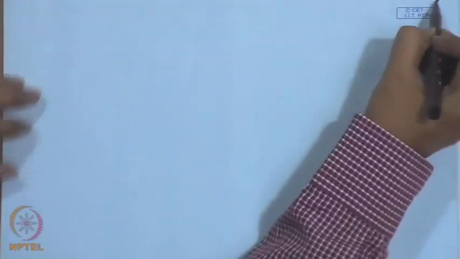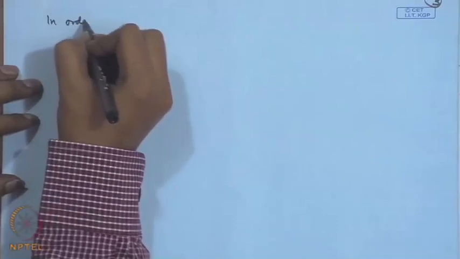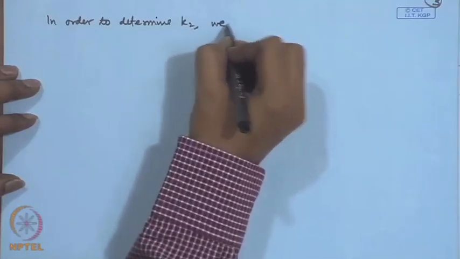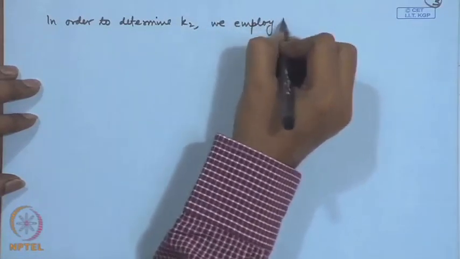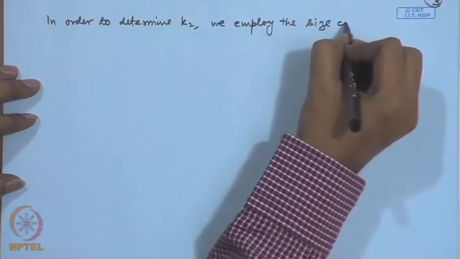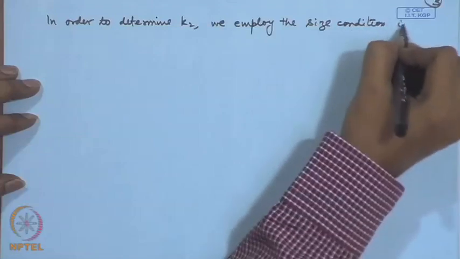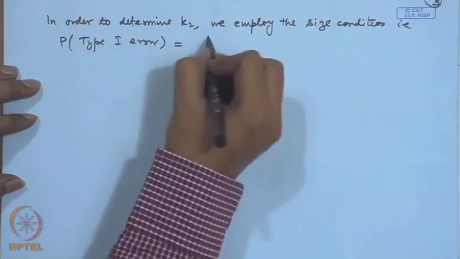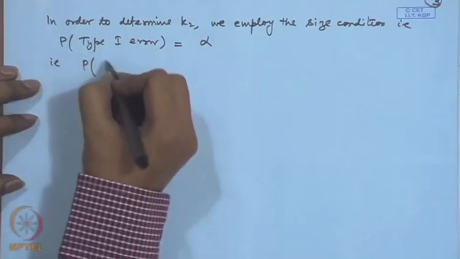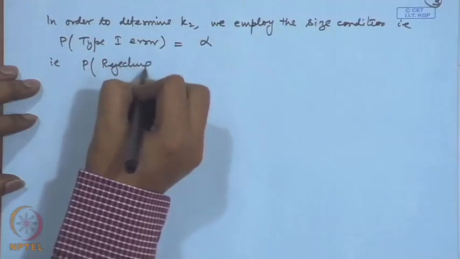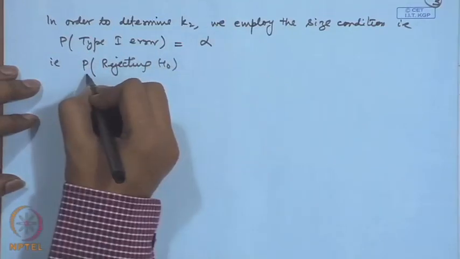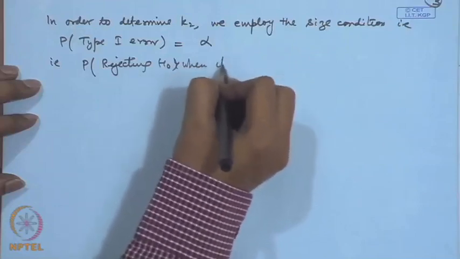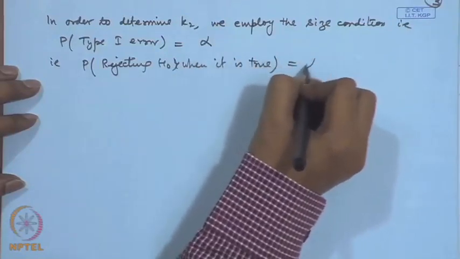So, we write it like this. In order to determine k 2, we employ the size condition, that is probability of type 1 error is equal to alpha, that is probability of rejecting h naught when h naught is true, that is equal to alpha.